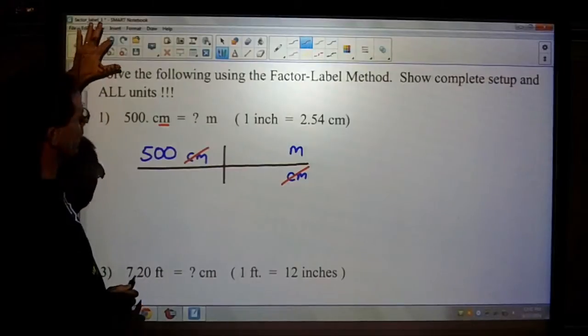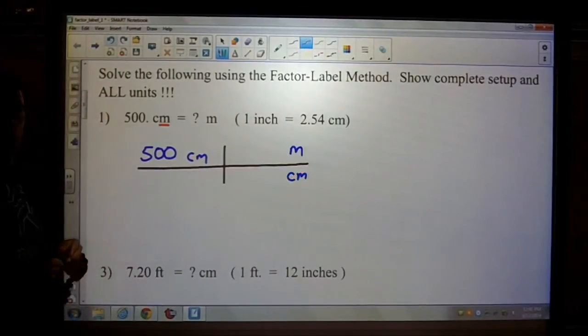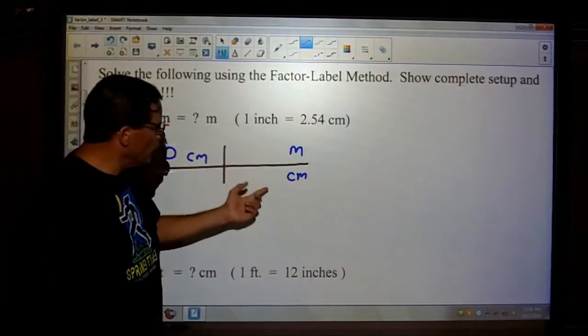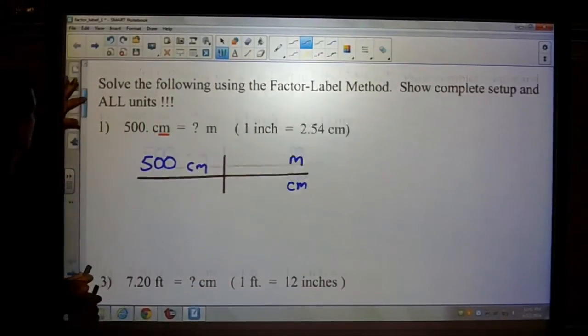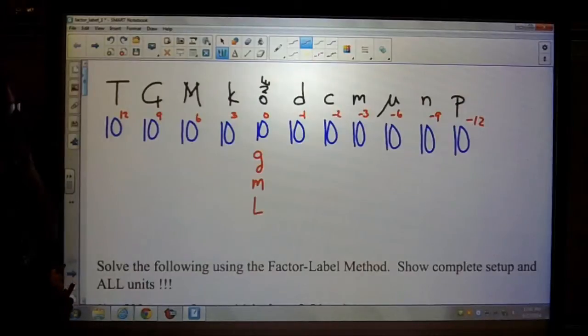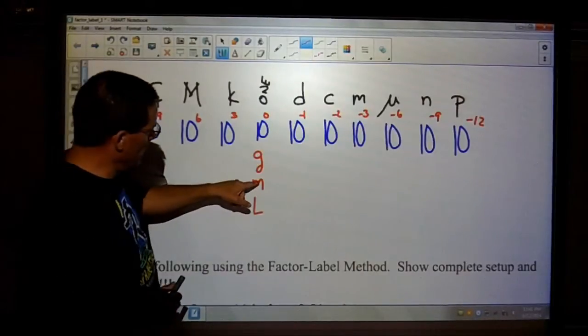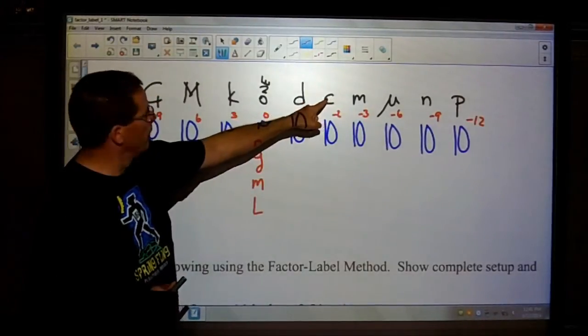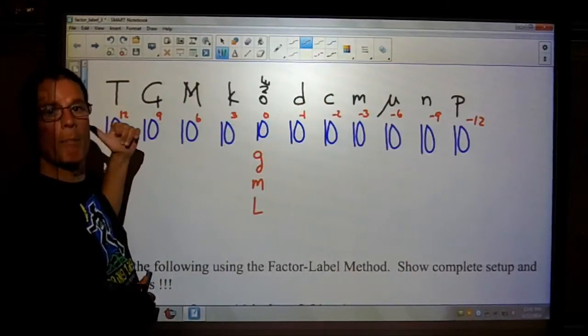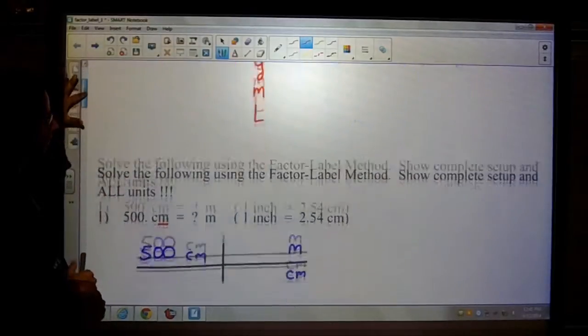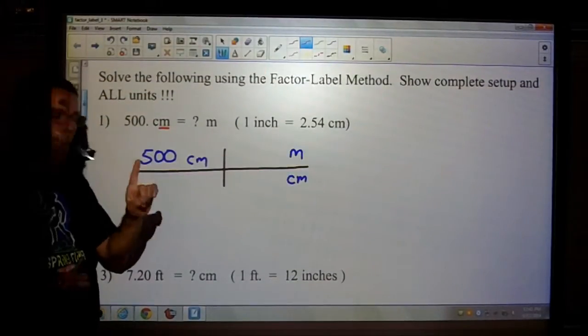The next thing that we need to do, let me get rid of those red lines, is I want to ask myself something. Which of these two values, meter or centimeter, is larger? So I go back to the table that I've created. So I have meter and I have centimeter here. Whatever is farther to the left on this table is bigger. Whatever is bigger, we want to assign the value 1 to.